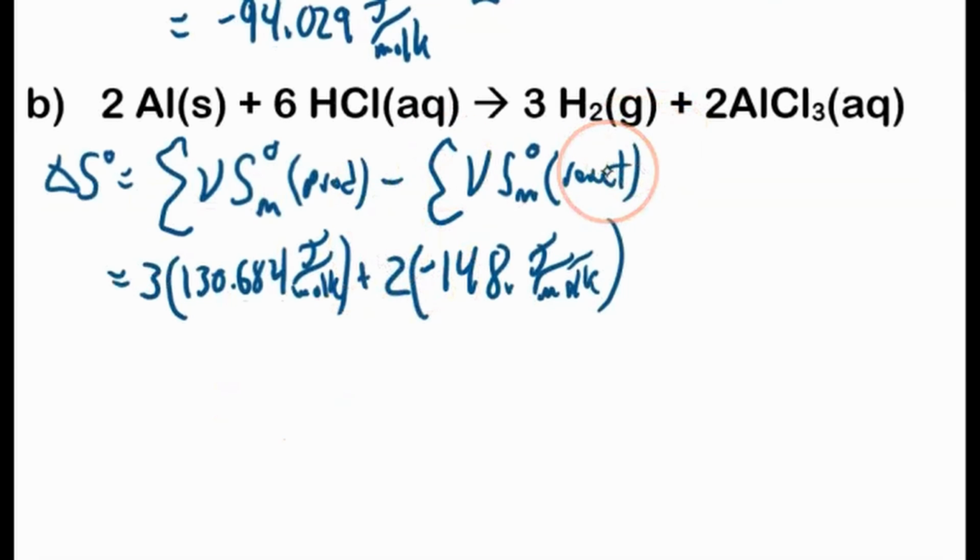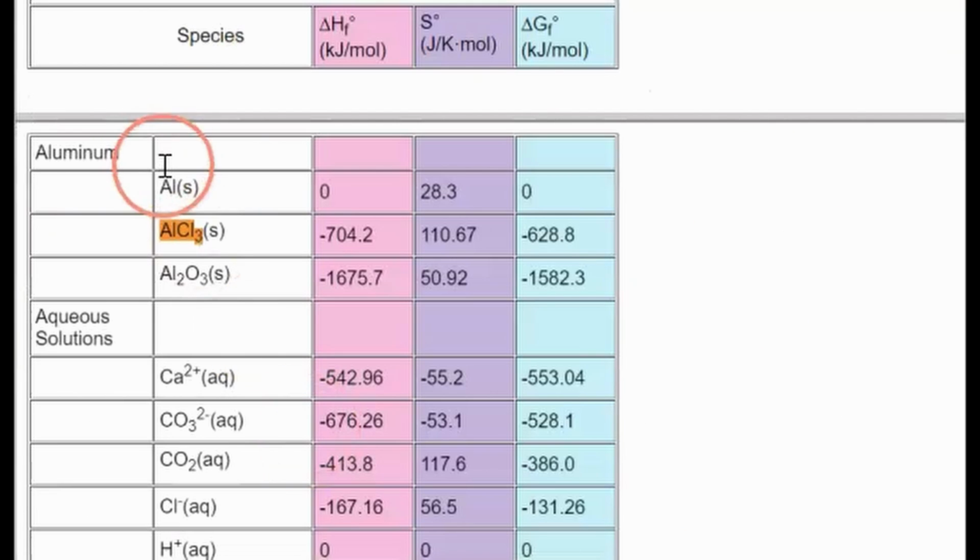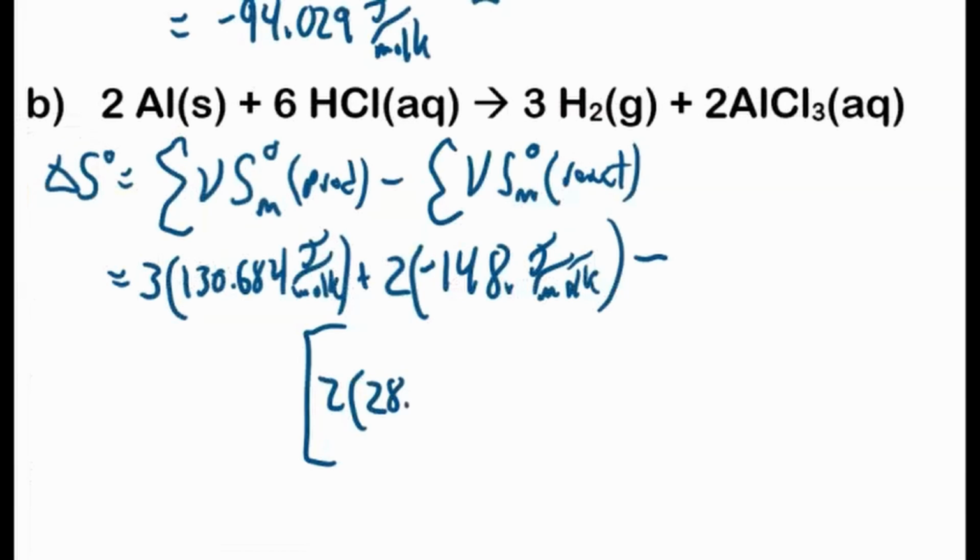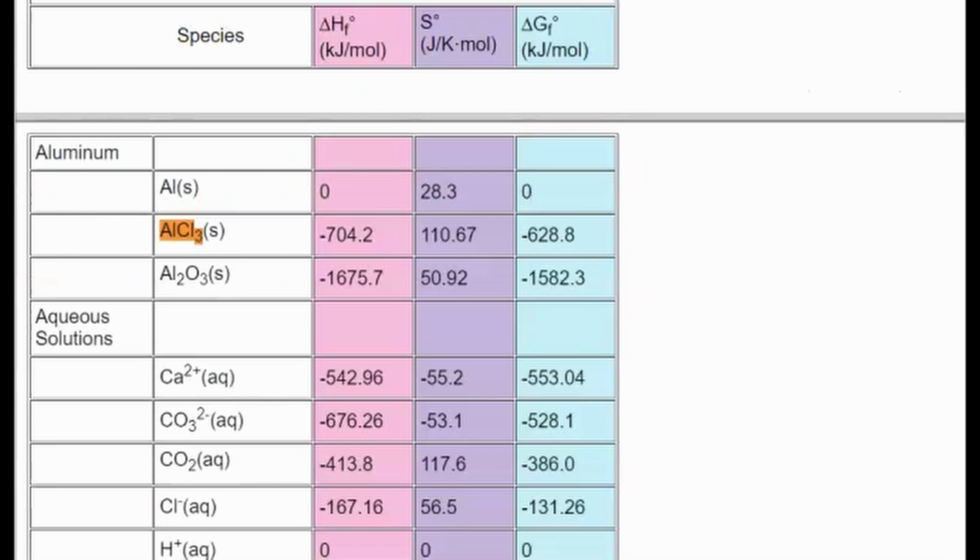That's our product. So we need to minus the reactants, and we want a big bracket after this minus. So we have 2 times the molar entropy of aluminum, which is 28.3. Again, it's not 0. 28.3 joules per mole Kelvin plus 6 times the HCl. Now, what's HCl?